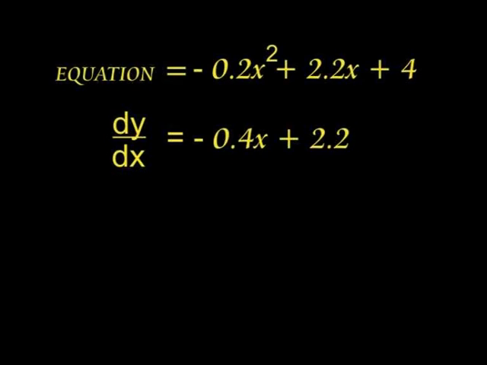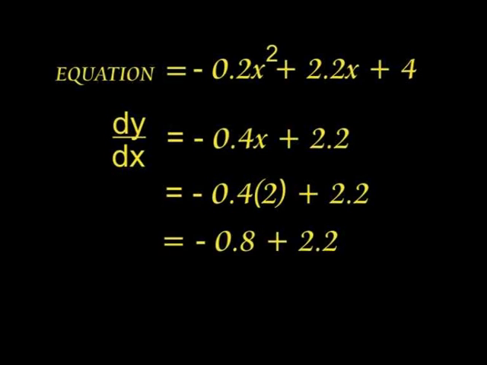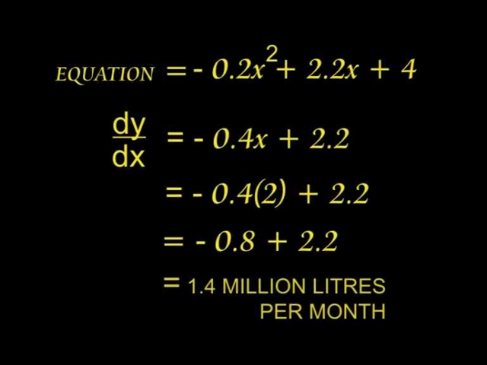That means that at the 1st of March, that's when x = 2, the gradient dy/dx = −0.4 × 2 + 2.2, which is −0.8 + 2.2, which is equal to 1.4.